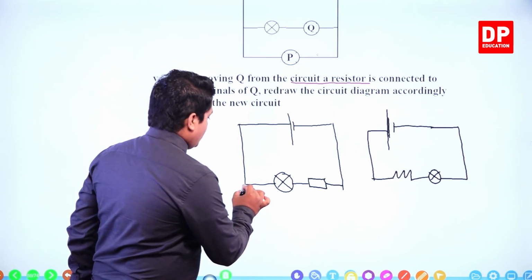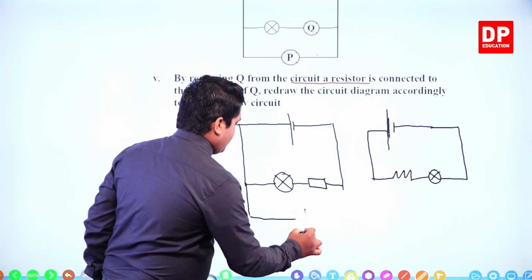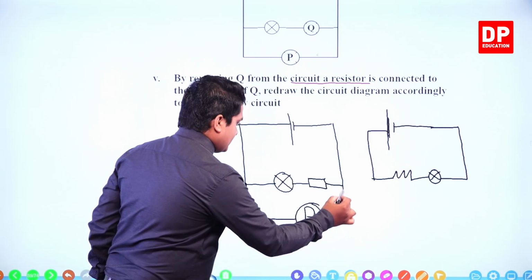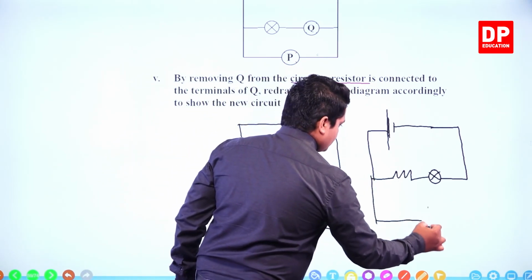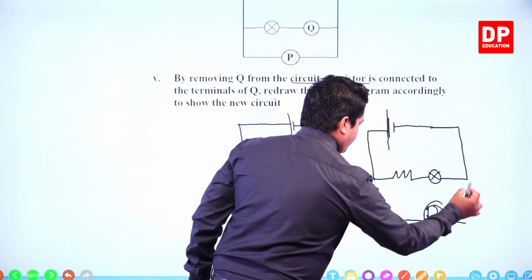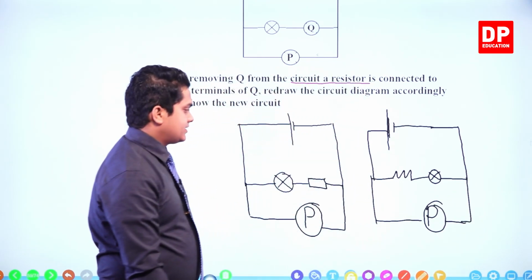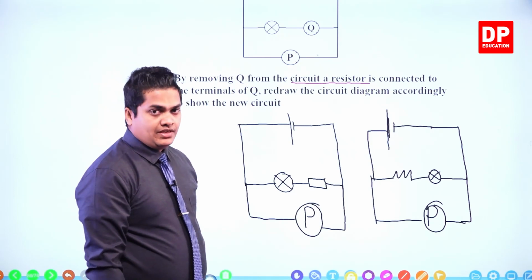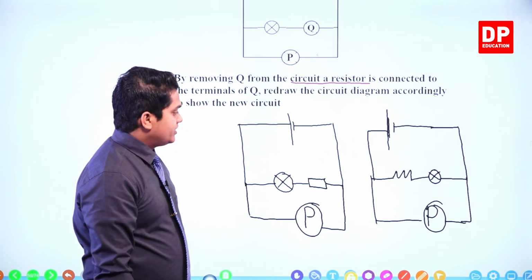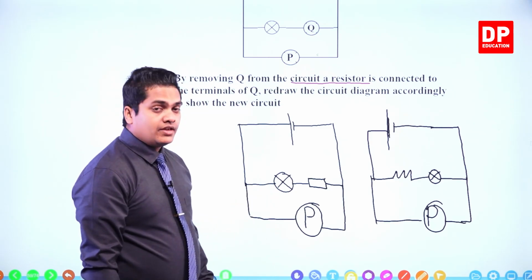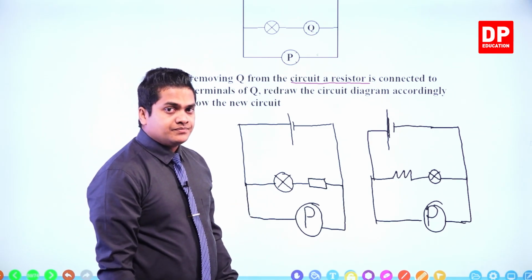So we have to connect the P like this. P is still in the circuit like this. There is no difference in P. We are only removing Q from the circuit. So instead of Q, we plug in a resistor.